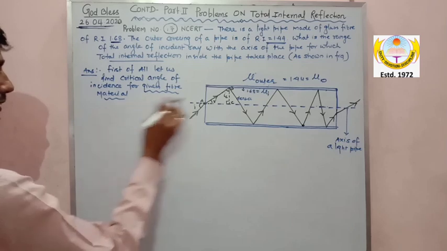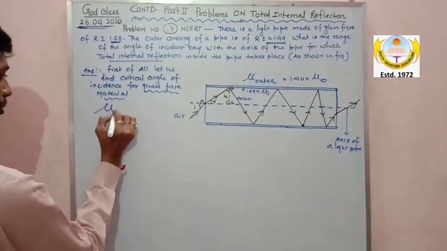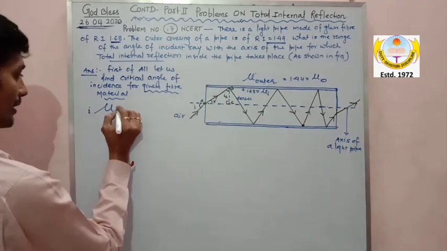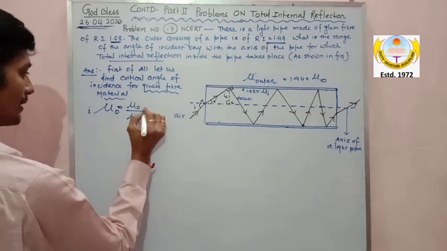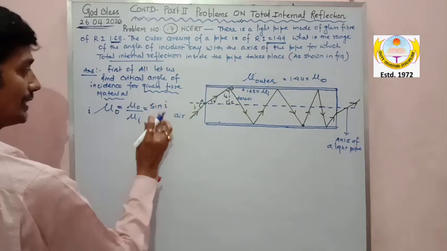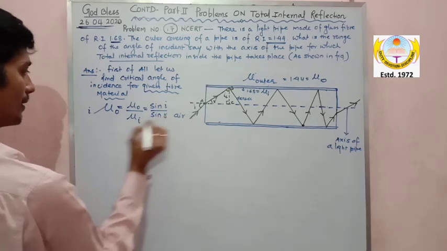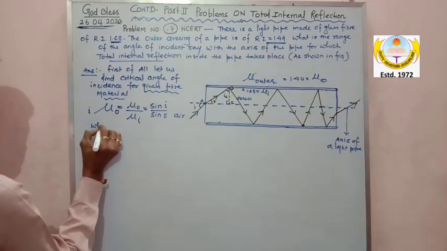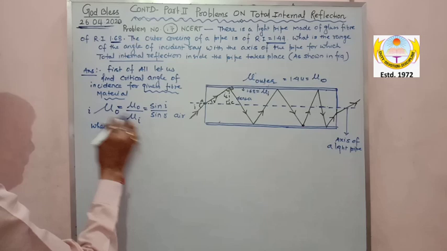You all know that light is going from in to out. That is, light is going out from in, mu O upon mu I. This is nothing but mu O upon mu I, which equals sin I. Inside the angle will be I, outside the angle will be R. This is the inner and this is the outer.